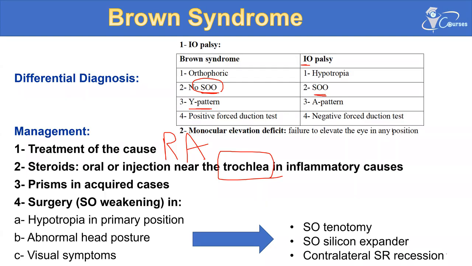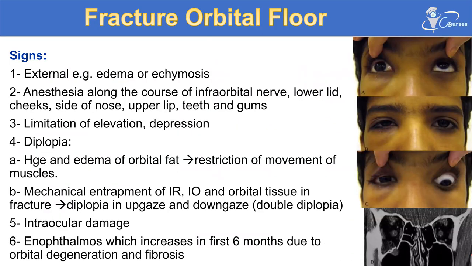So we do the contralateral superior rectus recession. Okay. So these are the different surgeries that can be offered for Brown syndrome. Any question in the Brown?